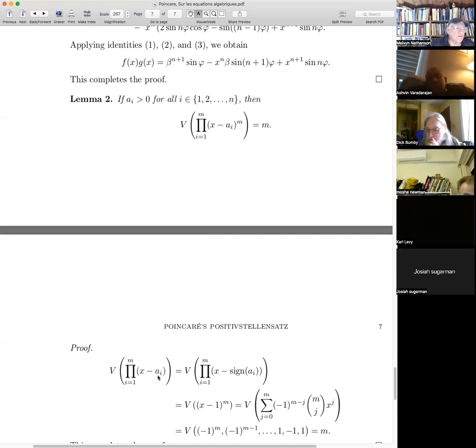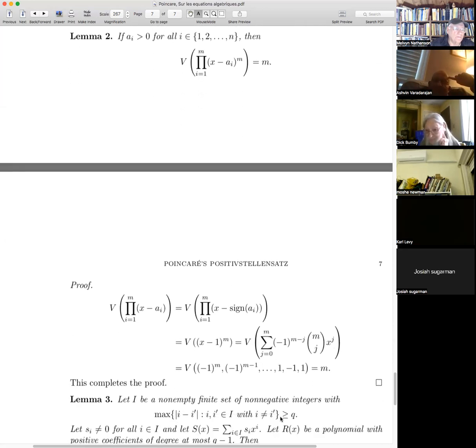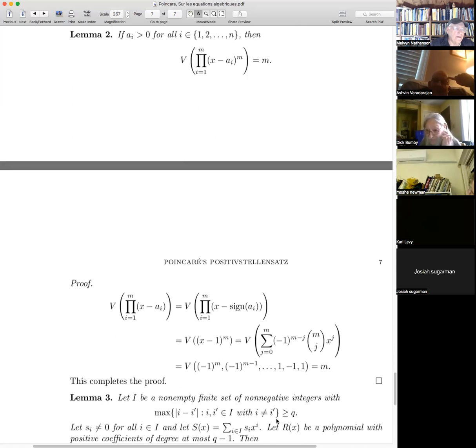It only depends on the positive or negative sign. So sign of a_i is 1 or minus 1, depending on whether a_i is positive or negative. And these are all positive. So this is just x minus 1 to the m, which is just the binomial theorem. You expand it, and you see exactly the sequence of coefficients is 1, minus 1, just the alternating sequence of plus and minus 1. So it's exactly equal to m. That's the proof. And then the third identity.